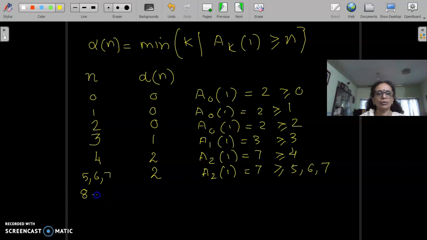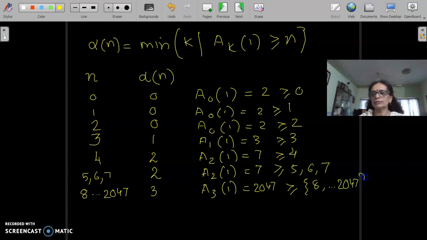Now how about all the numbers from 8 to 2047? It cannot be 2, but it is 3, because A(3, 1) is 2047, which is greater than or equal to all numbers in the set 8 to 2047.